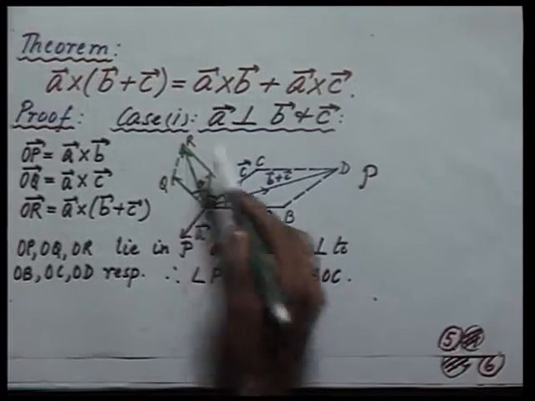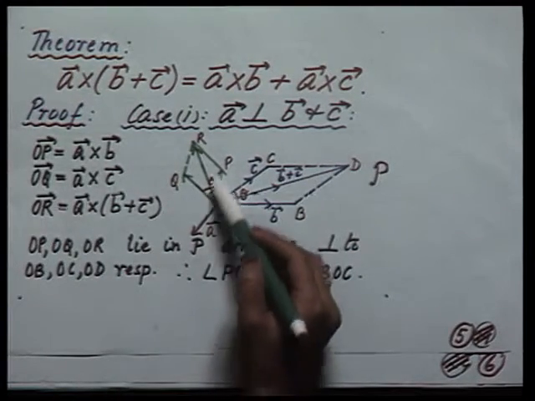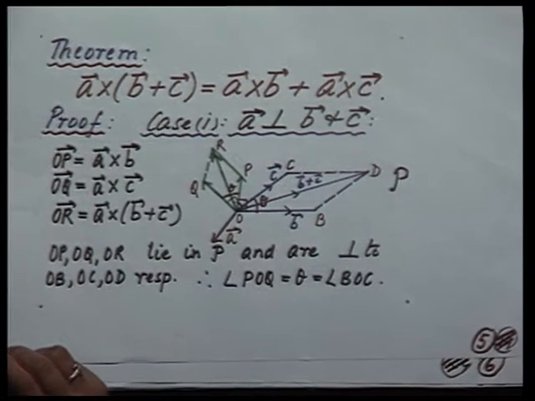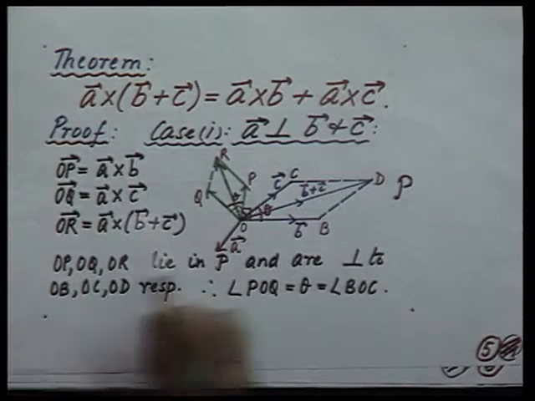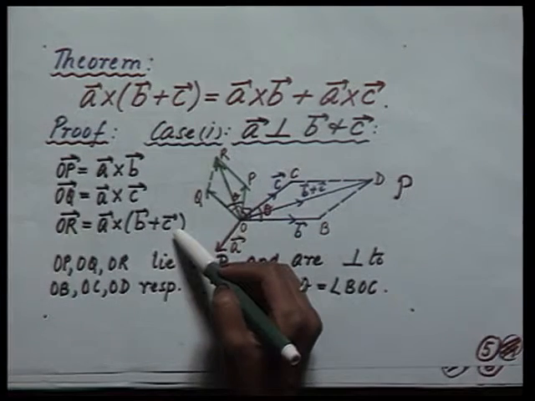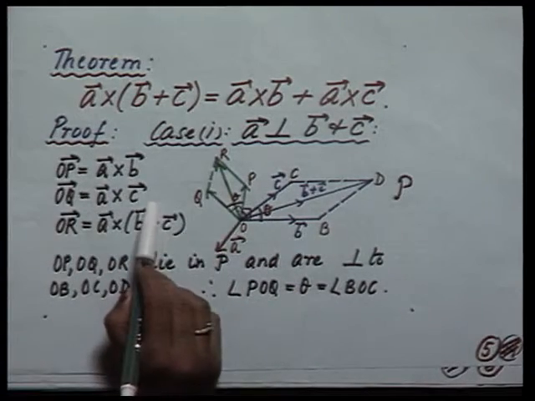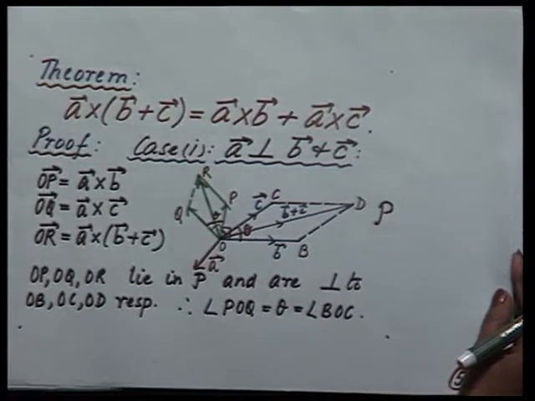However, OR was nothing but the vector A cross (B plus C), and OP and OQ were A cross B and A cross C respectively. Therefore, what we have proved is, in this case, A cross (B plus C) is equal to A cross B plus A cross C. But this was only one case. So, let us try the second case.